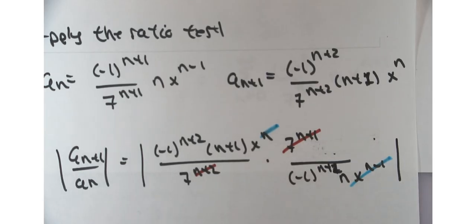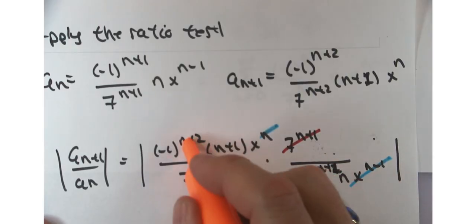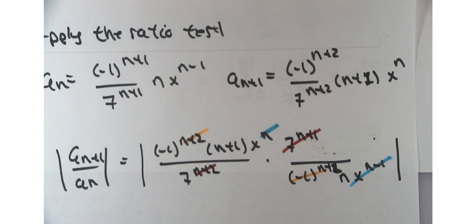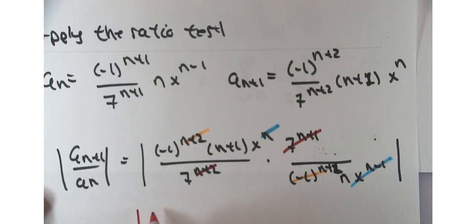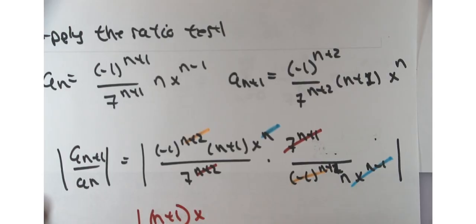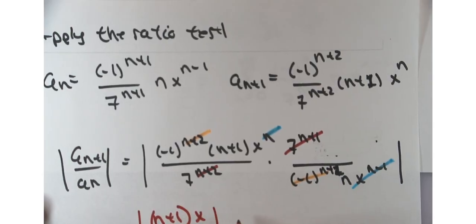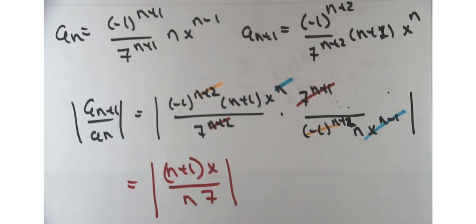I'm not really worried about those because we're inside the absolute value, so we should probably just ignore them altogether. So you're left with n plus 1 times x over 7 times n, equals the absolute value of n plus 1 times x over n times 7. That's how that term simplifies.